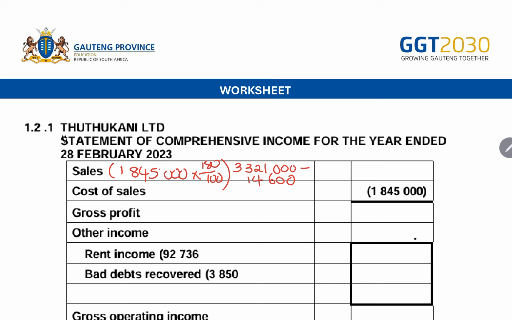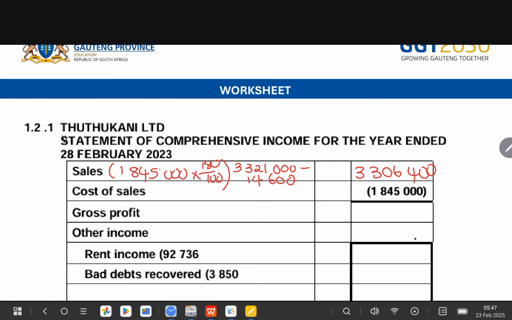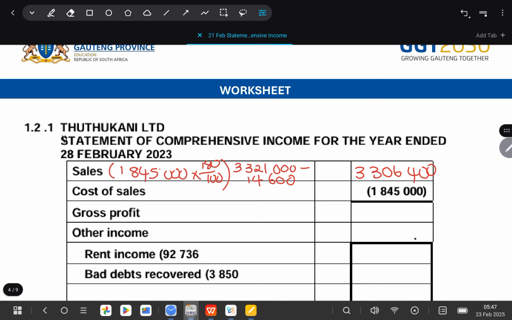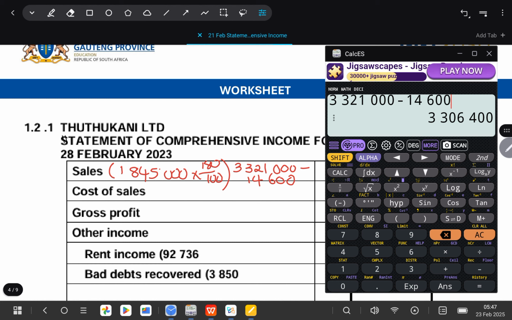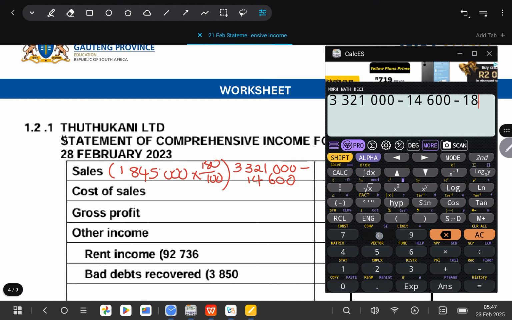So we have our sales at 3,306,400. Then it means that our gross profit from here, we will take this amount and say minus 1,845,000. Then we'll be left with 1,461,400.